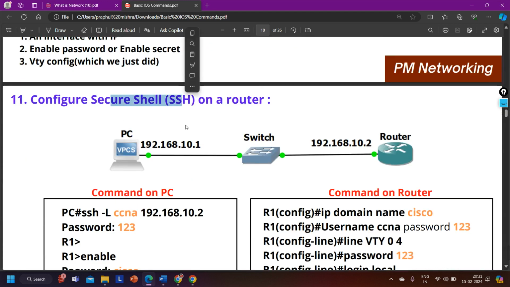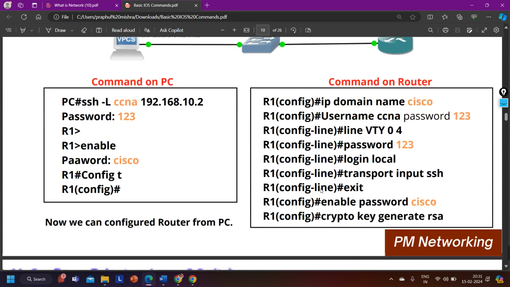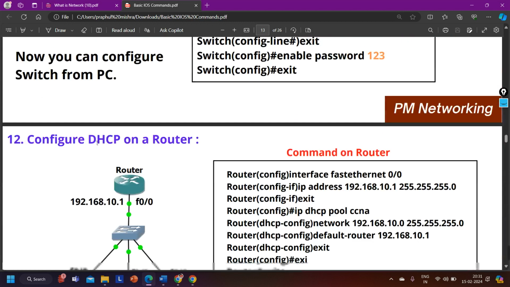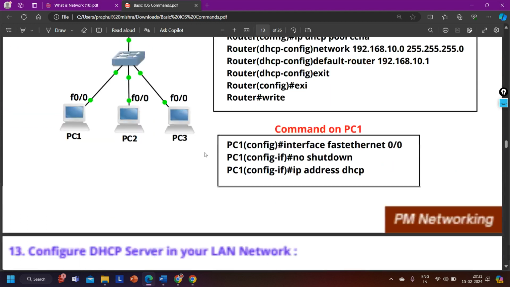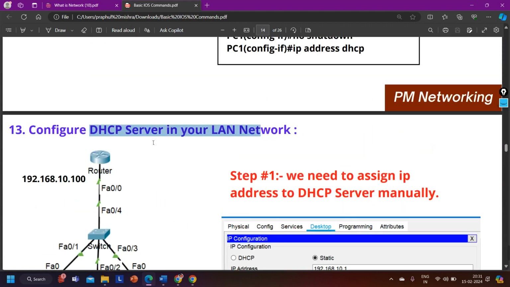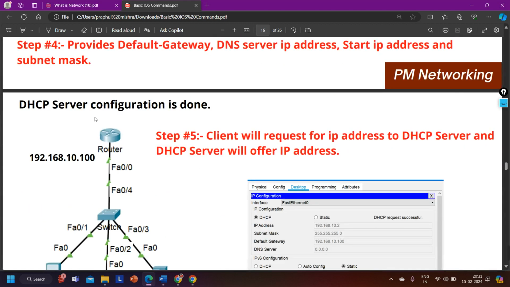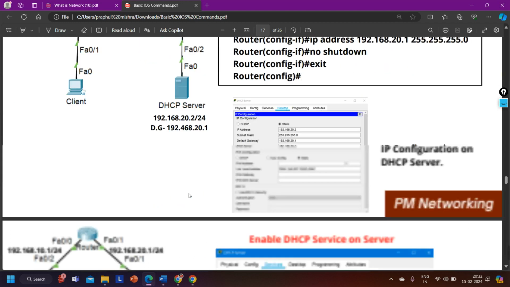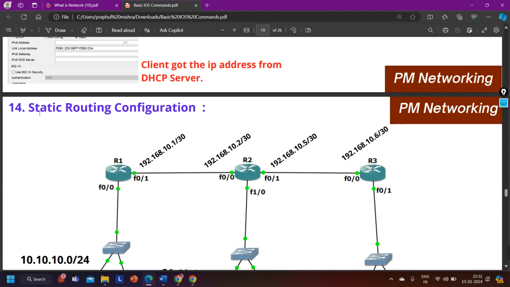Then SSH configuration, these are just command. Then telnet configuration on layer 2 switch, DHCP configuration on router, okay, DHCP server configuration, DHCP relay agent configuration, these are again basic configuration, and after that static route configuration, right?